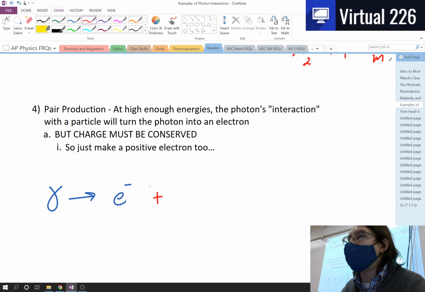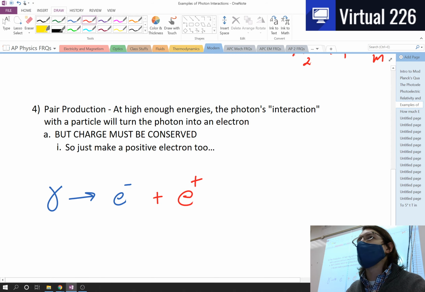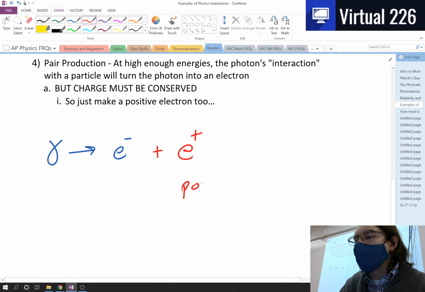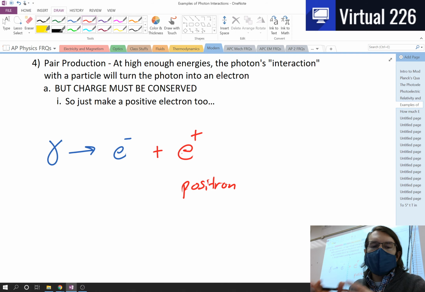That's not what happens here. What we actually generate is a positive electron. This is known as a positron. And it is antimatter. It is anti, the opposite, of matter. It's the opposite of that charge.